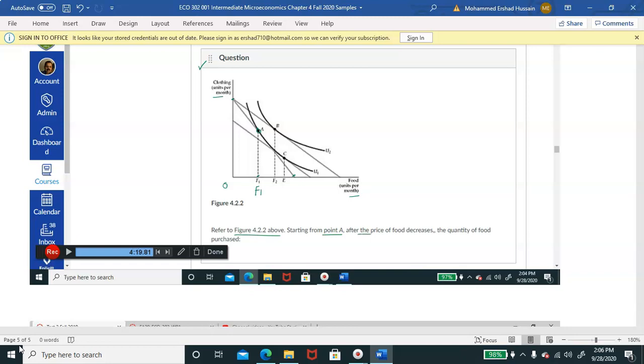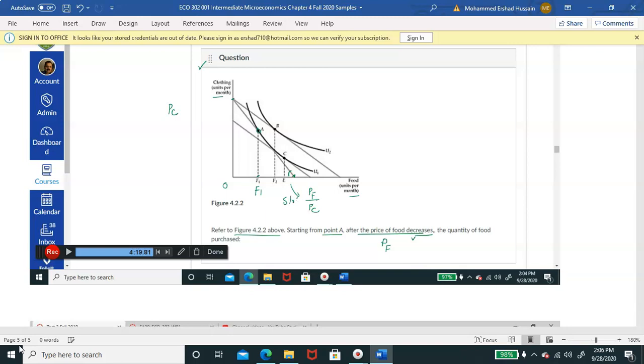After the price of food decreases. Price of food decreases means what? The price of food becomes cheaper. And we know that the slope of this old budget line is the ratio of the price of food divided by the price of clothing.